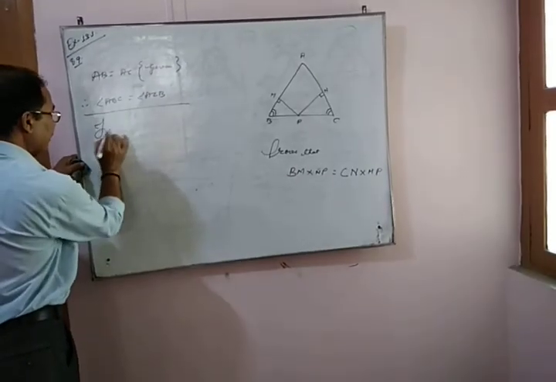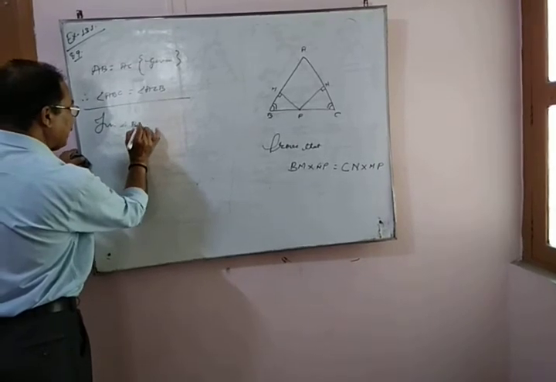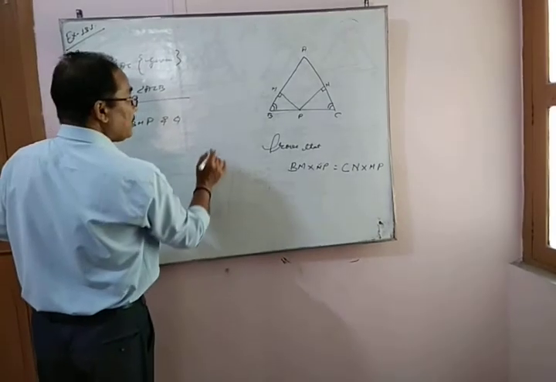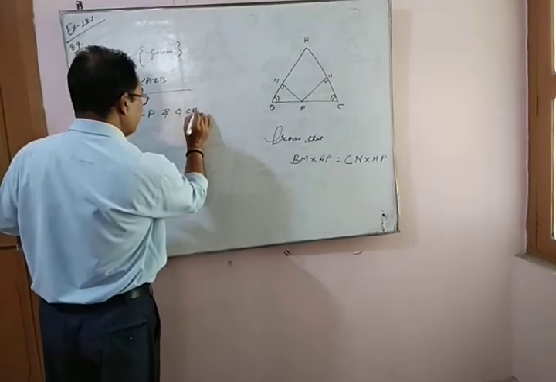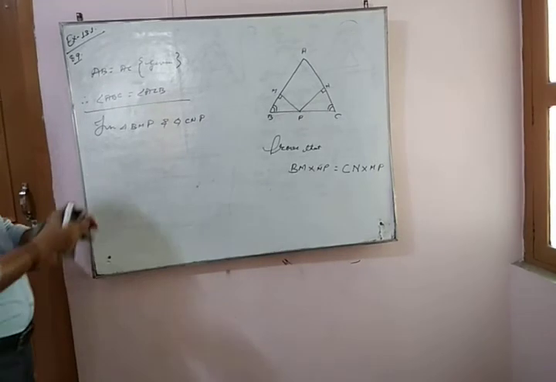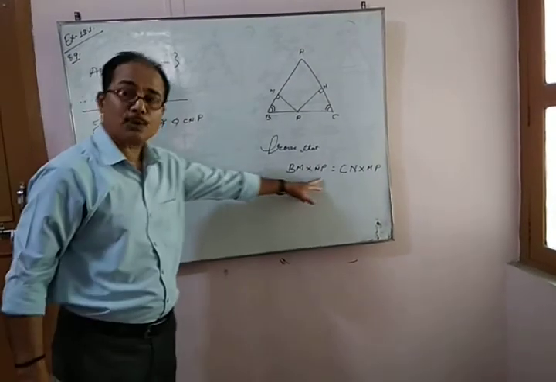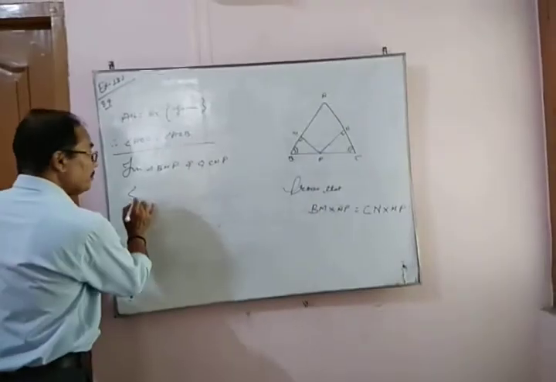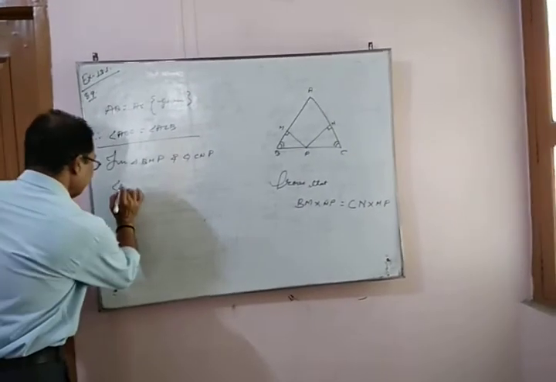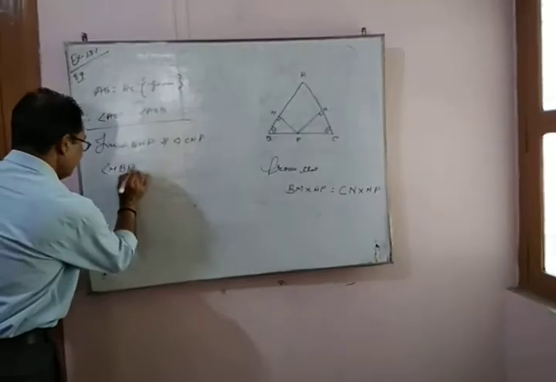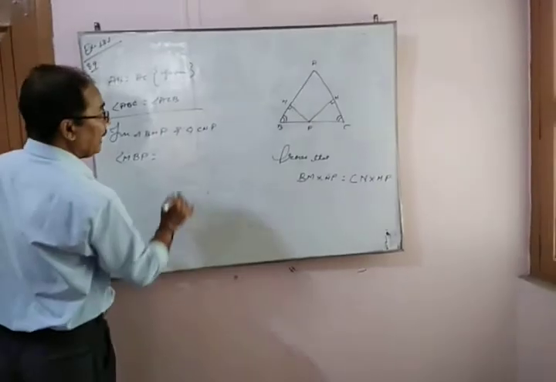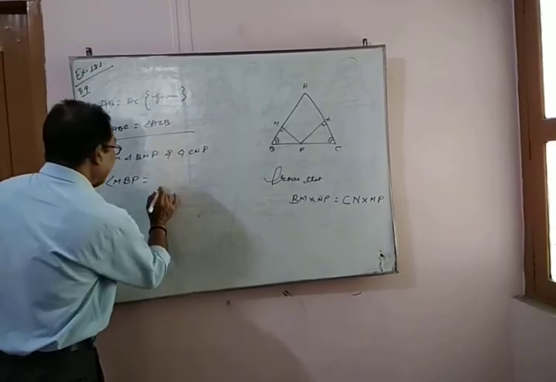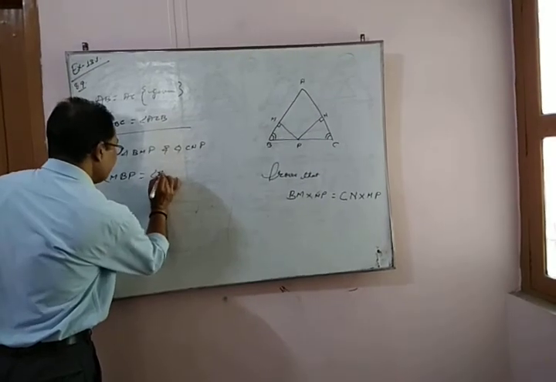In triangle BMP and triangle CNP, these are the two triangles whose sides are given in the question which you have to prove. Angle MBP equal to angle NCP.